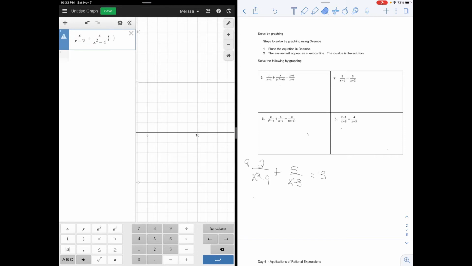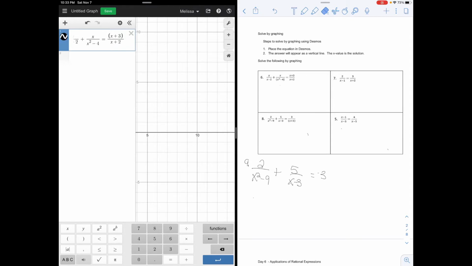On this one we have to put a parenthesis since we're dividing everything by x plus 2 plus 3. Oh, and I need an equal sign there somewhere. Forgot my equal sign, sorry. Equals parenthesis x plus 3, close parenthesis, divided by x plus 2.